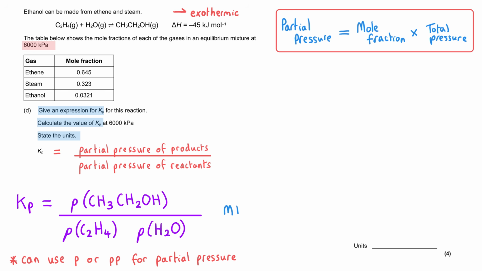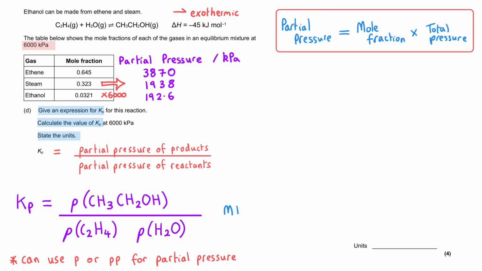So you calculate partial pressures by taking the mole fraction and multiplying it by the total pressure, which is 6,000 kilopascals. And so I would just extend this table here that they've left a bit of space for us to use and write partial pressure at the top and then multiply each of those mole fractions by 6,000.